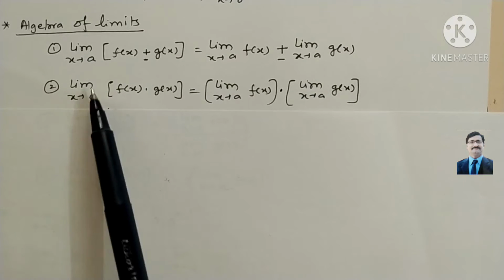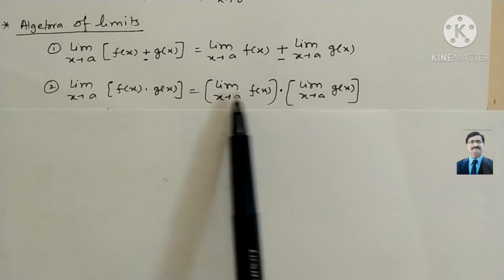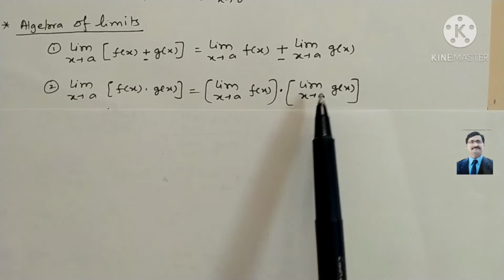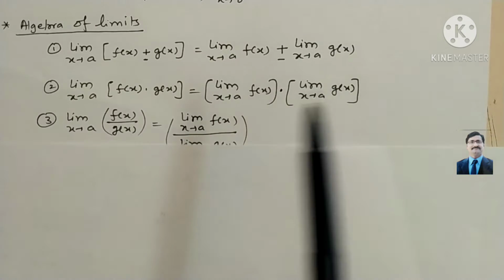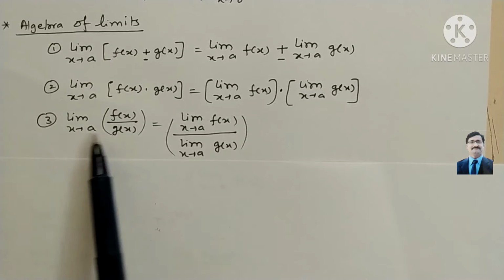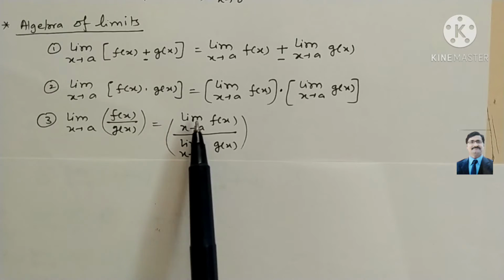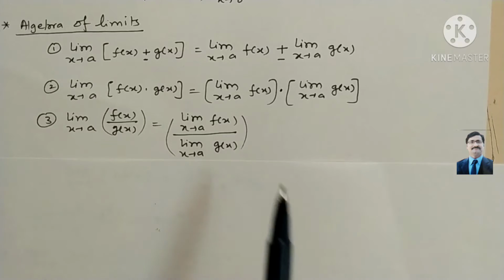Similarly, if we have limit x tends to a of f(x) into g(x), then we can do it separately: limit of f(x) into limit of g(x). Same for division: limit x tends to a of f(x) upon g(x) we can write as limit of f(x) upon limit of g(x). So in division also we can do it separately.